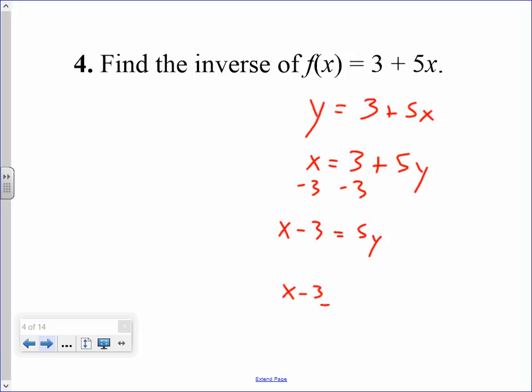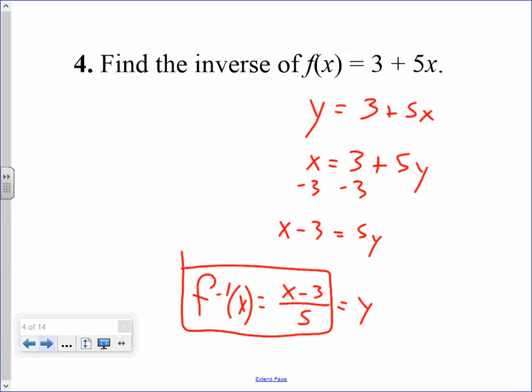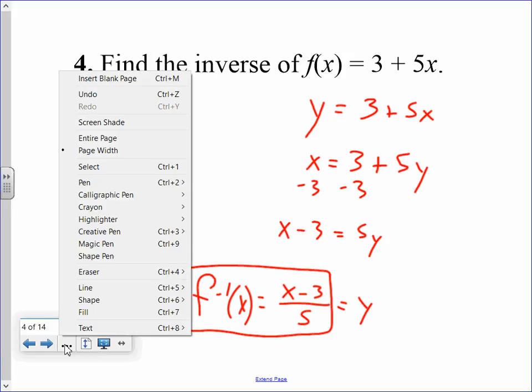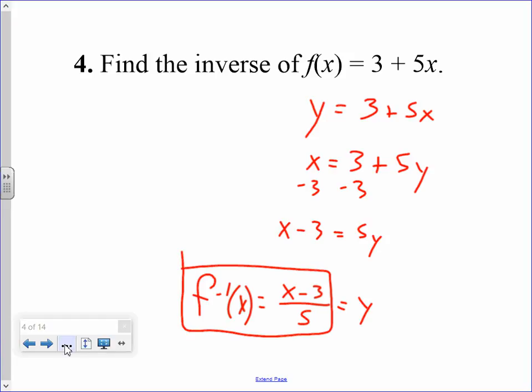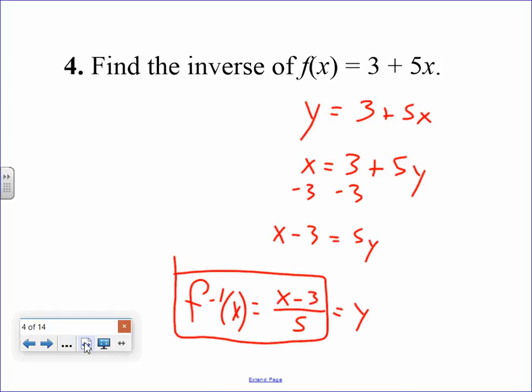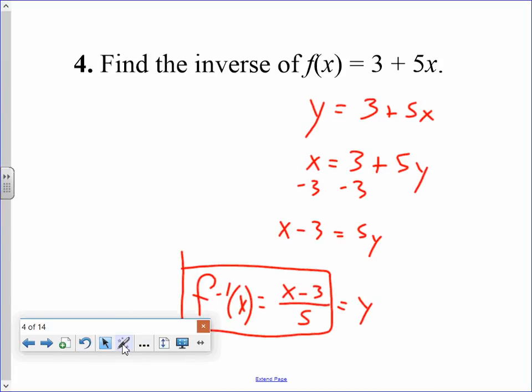So x minus 3 over 5 will equal y, which is better labeled as f inverse of x instead of y. That's solved.